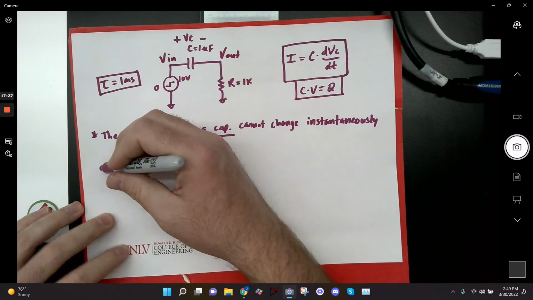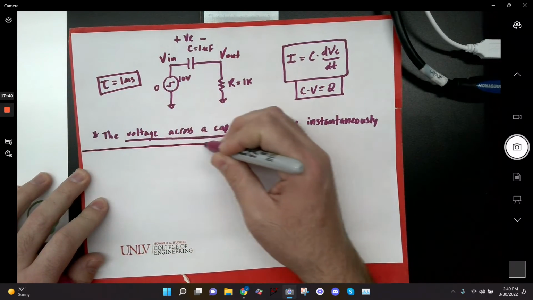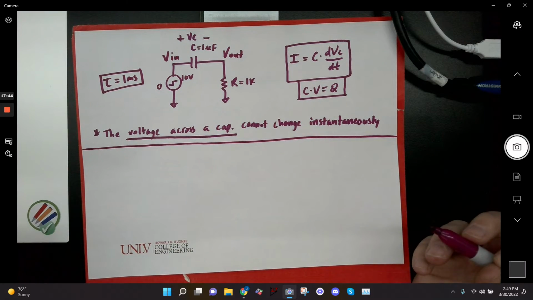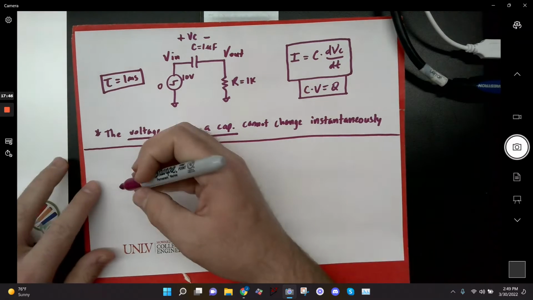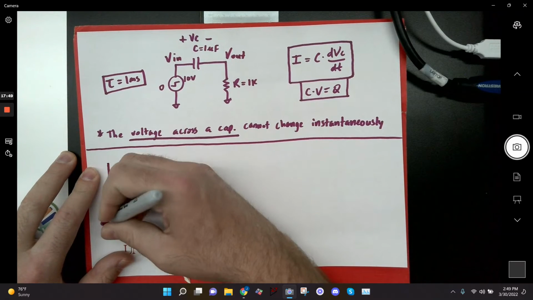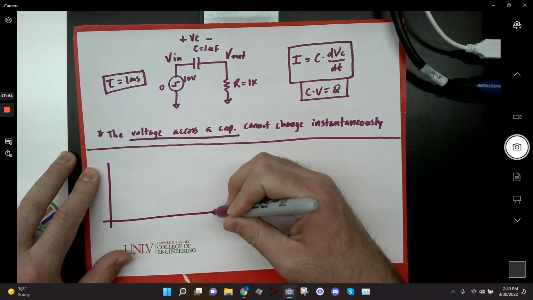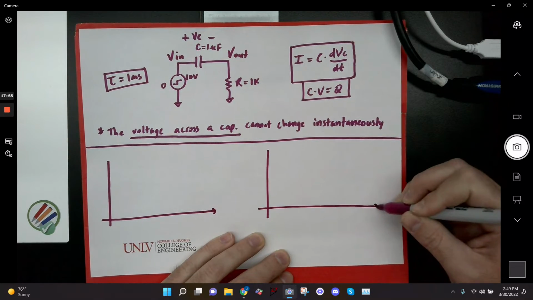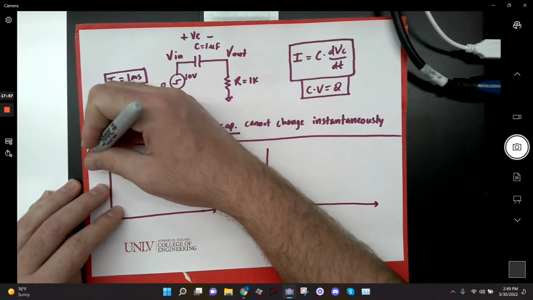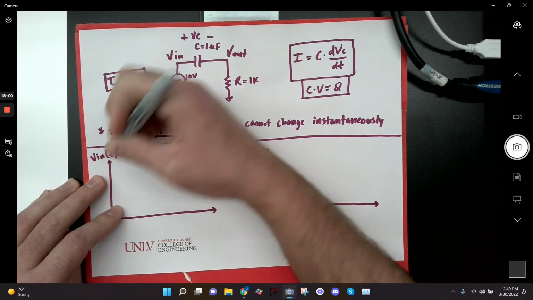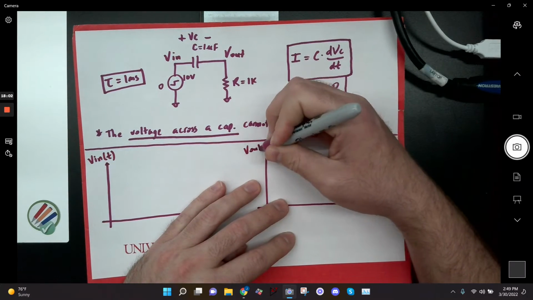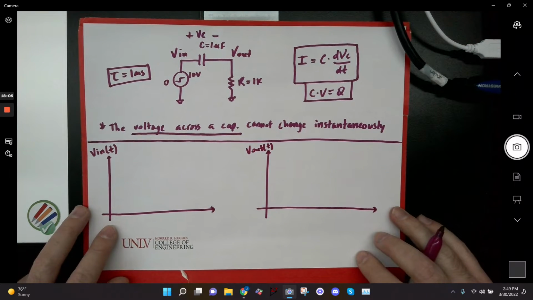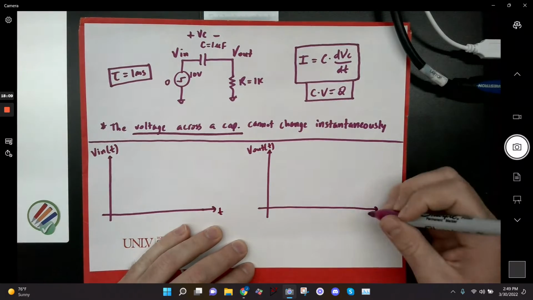And then I'll plot V in. Let's just section this off. We're going to plot V in and V out like we did on the homework. So I'll plot V in over here, and I'll plot V out over here. And I want to do one more thing.